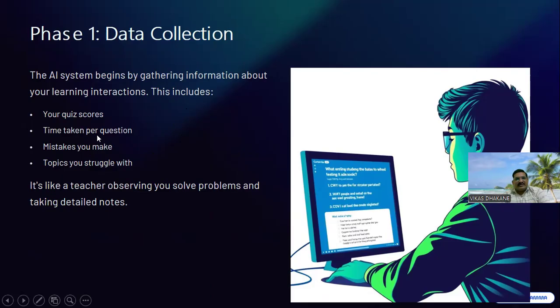As I said, your quiz scores, time taken per question, mistakes you have made, topics you struggle with. It is the same as a teacher observing you while you are solving the problem and taking detailed notes. Okay, so this is the first step.